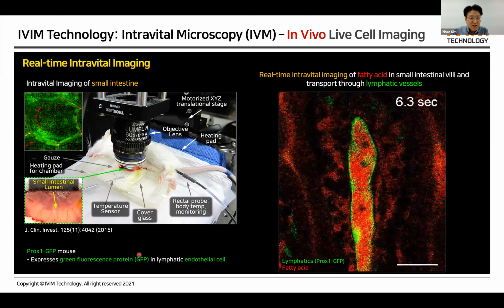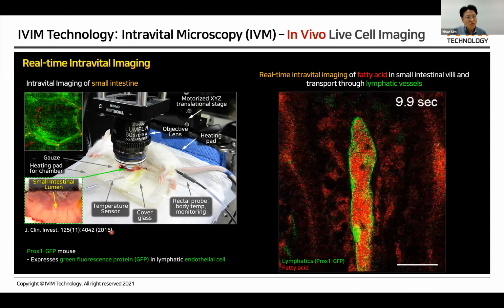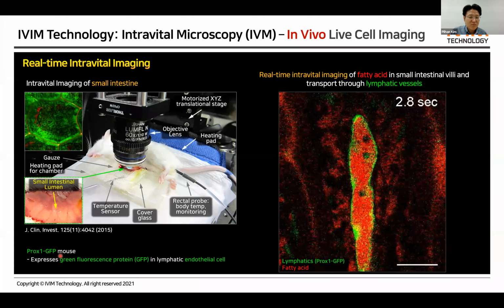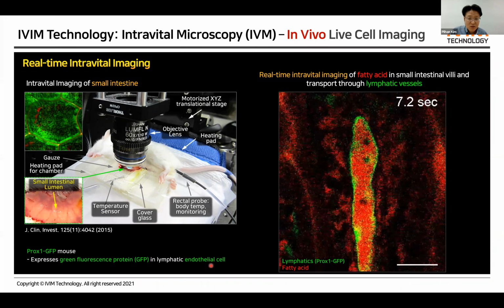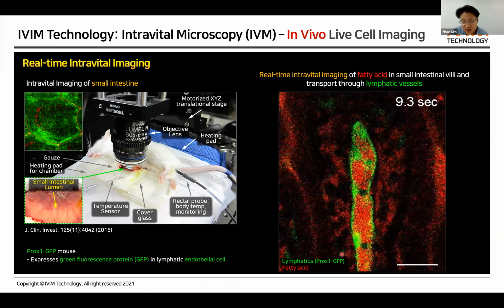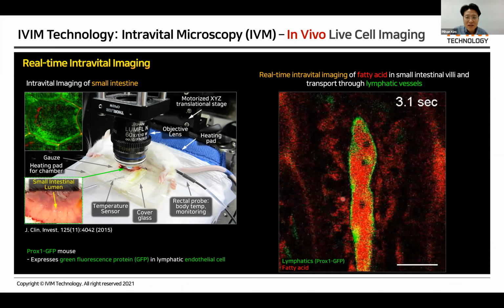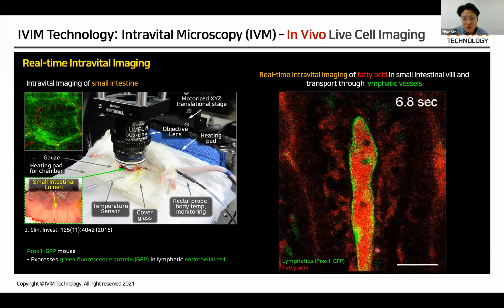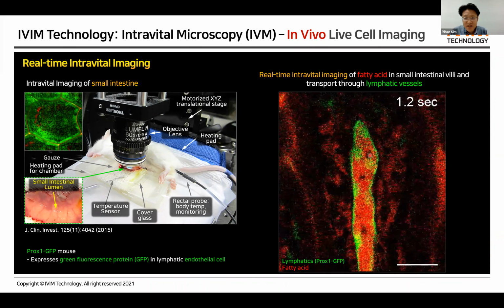In this particular example, published in JCI in 2015, we used the PROX1-GFP mouse. In this mouse, all the lymphatic endothelial cells express GFP. So what we are looking at here is actually a lymphatic vessel inside the villi of the small intestine, and the transport of red-colored fatty acid through this lymphatic vessel.